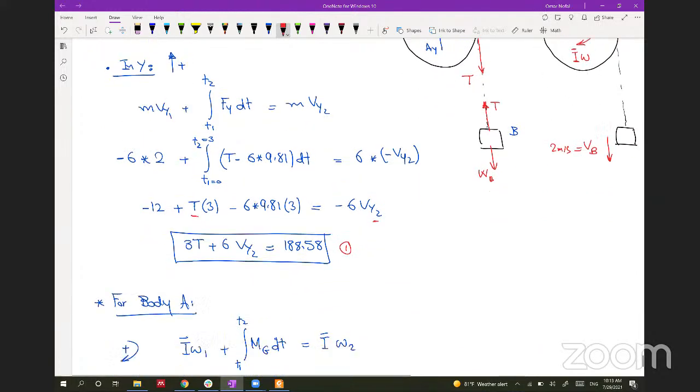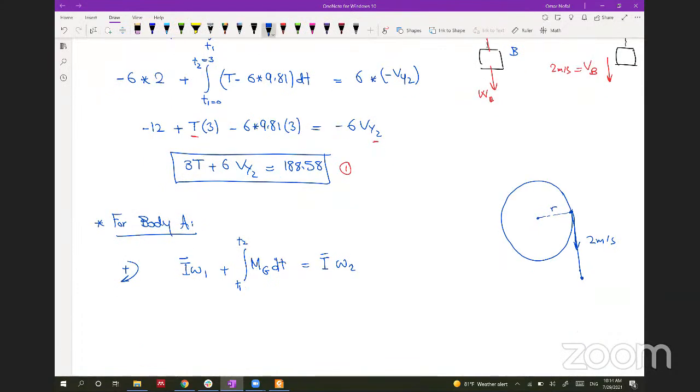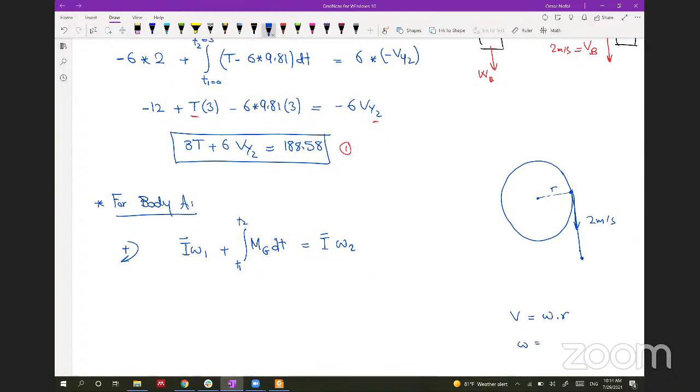Actually, we can transform VB into omega. If we have this body and we know the V of this cable here is equal to 2 meters per second, and we know that this is the R, so we know the V at this point. V is equal to omega multiplied by R, so omega will be equal to V over R, which is V over 0.2, and this will give us 5V.